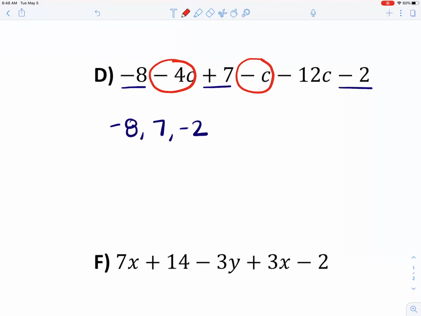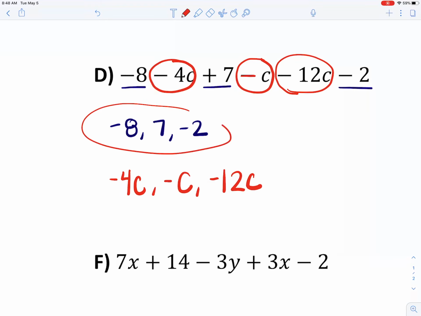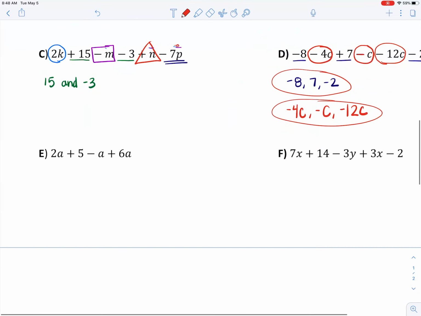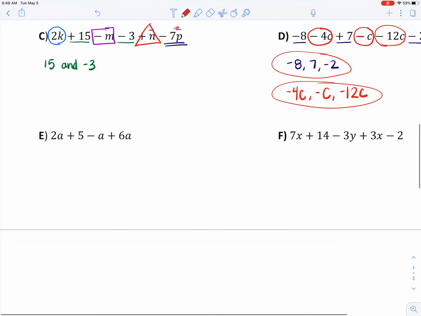Okay, I'll go ahead and circle the ones with the c. And again, I'm including the negative or the plus in front. Okay, good. So those are all of them. We've got negative 4c, negative c, and negative 12c. So this is a set of like terms, and this is a set of like terms.